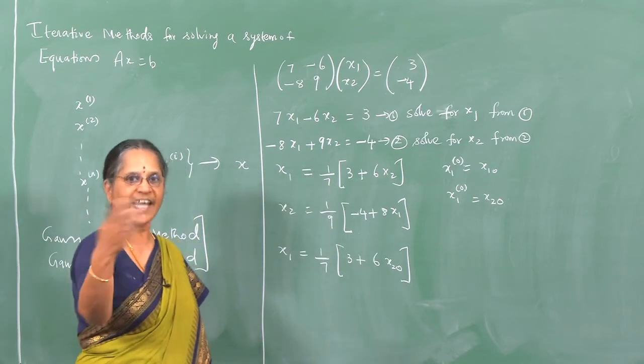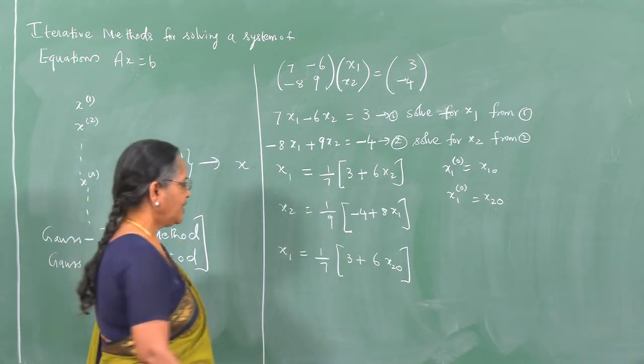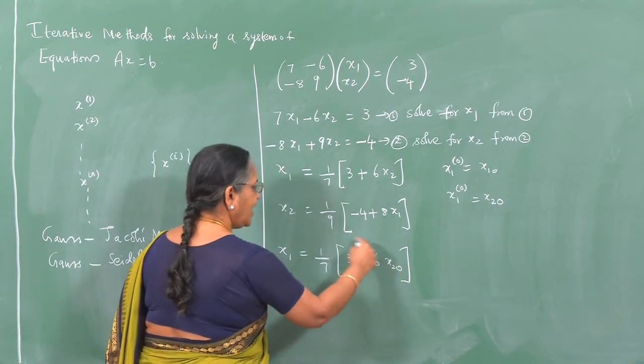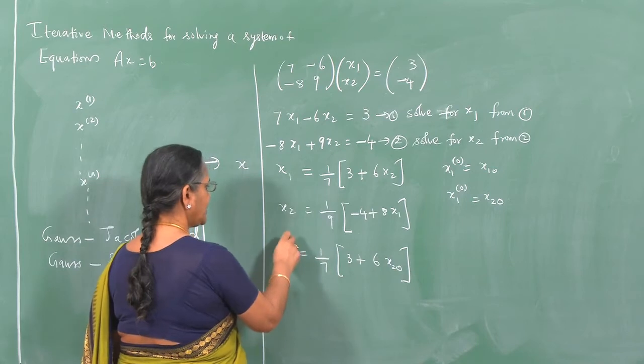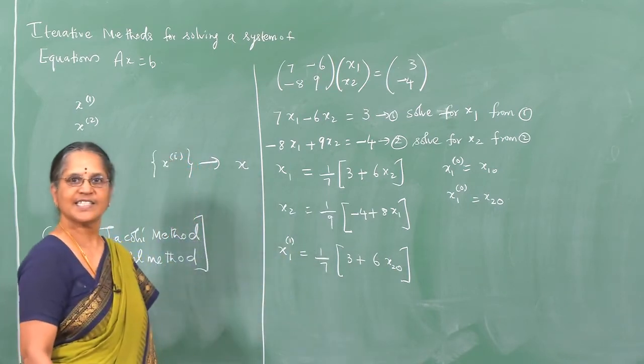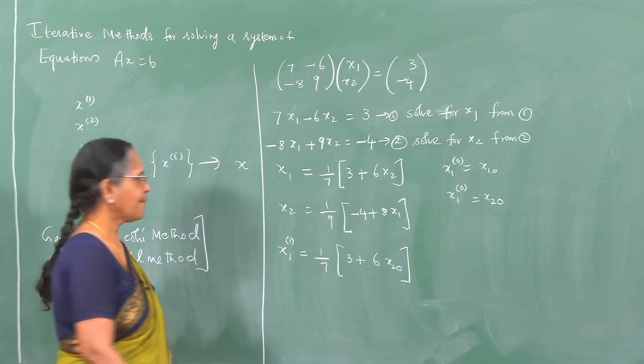This is what I guess for x2. When I substitute for x2^(0), I have a value for x1, and I say that this is the solution that I obtain at the first step, namely x1^(1).